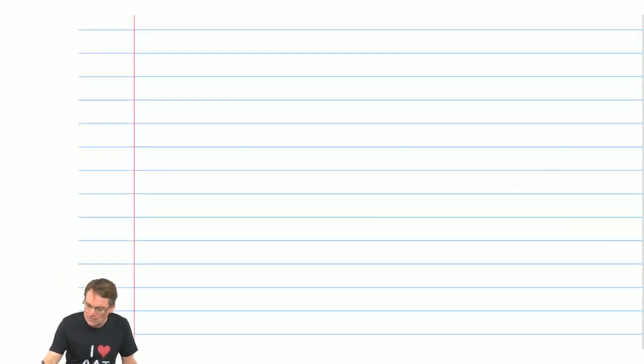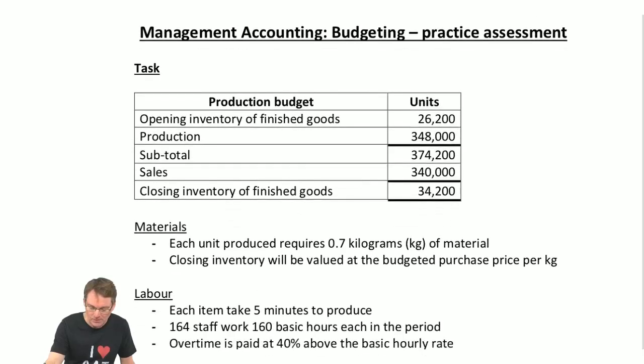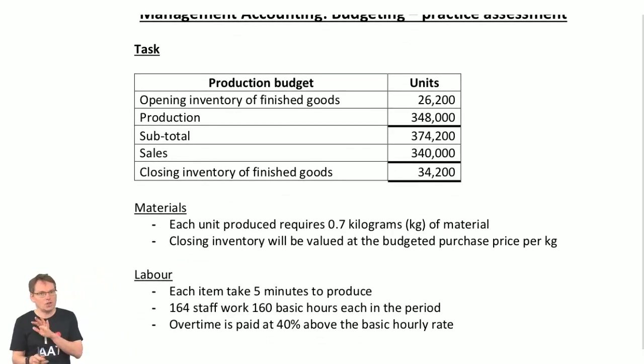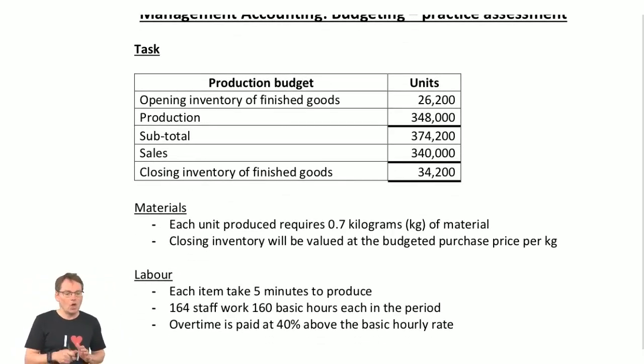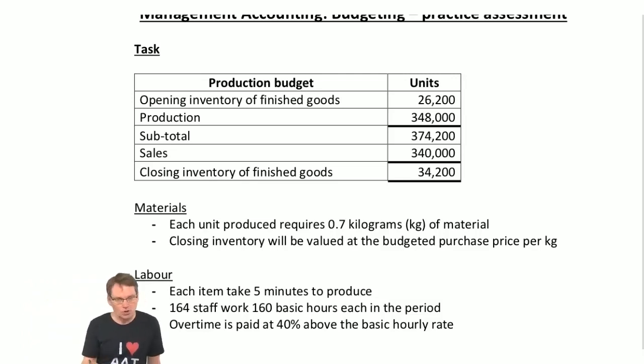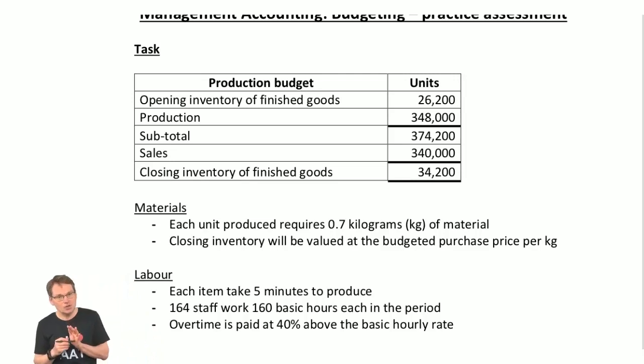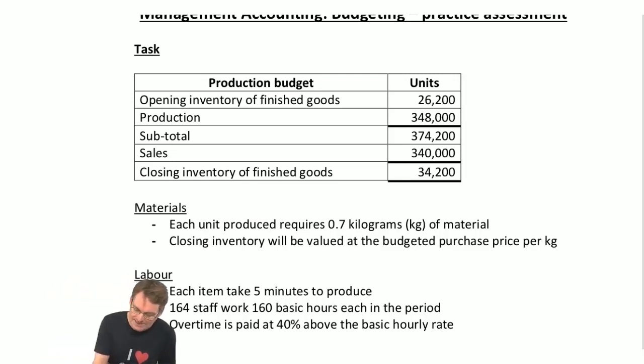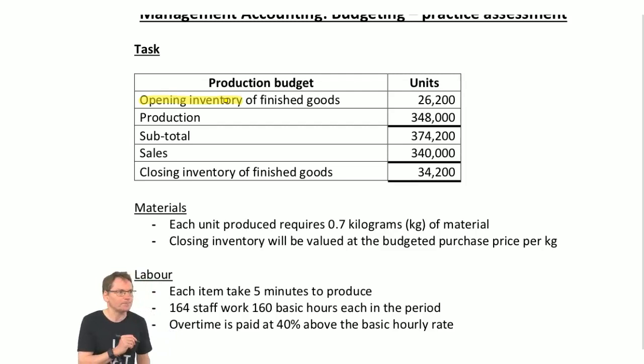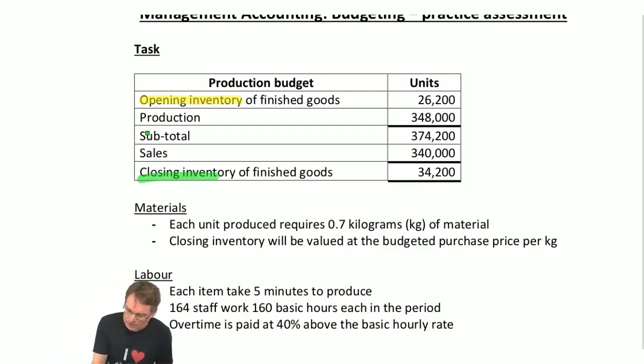So, first thing then to make sure that we're happy with is what information are we actually given. So we are given a production budget. We are told about the finished goods that we have as our opening inventory. We're told about the closing inventory and we're told about how many items we produce.